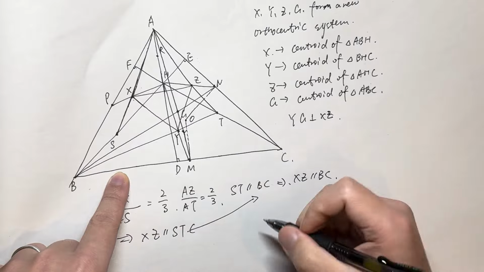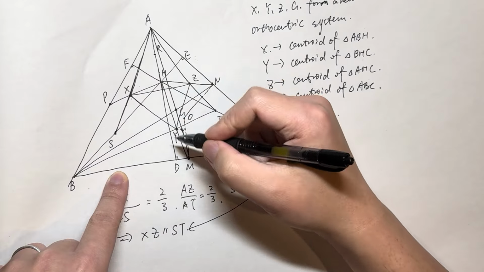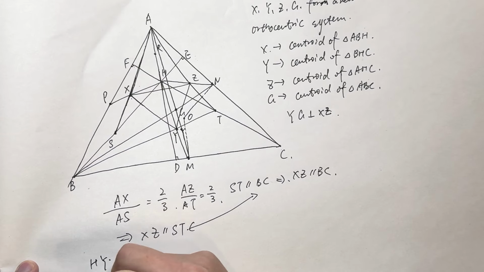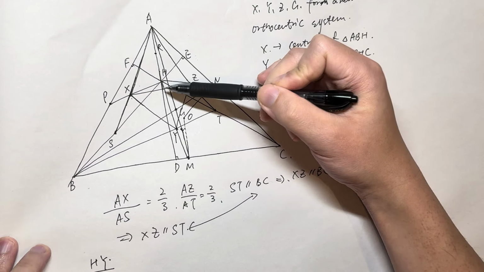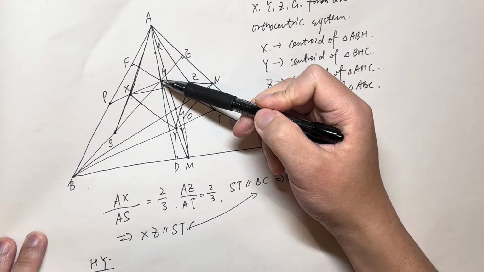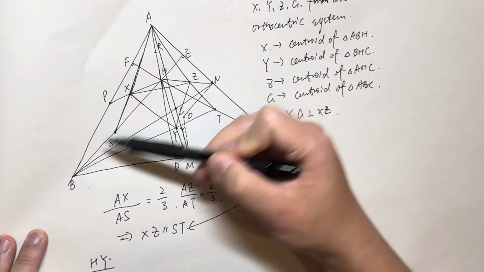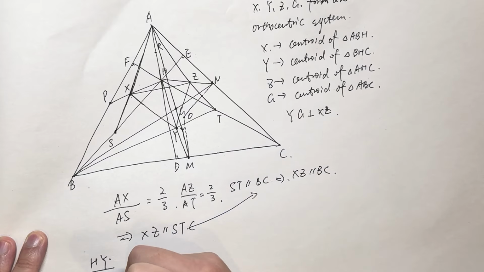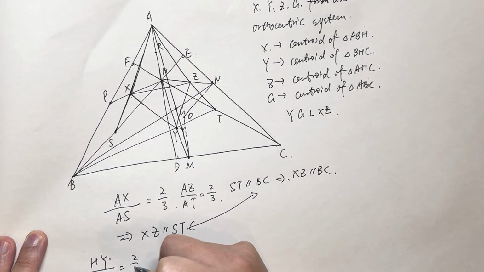Right, okay. Now think about HY to HM, because Y is a centroid of the triangle BHC, so HY to HM equals 2 to 3.